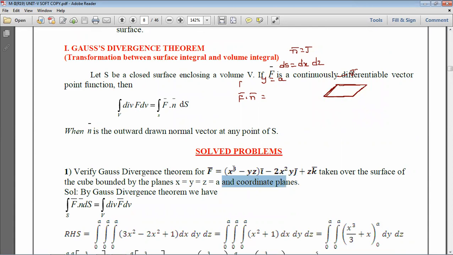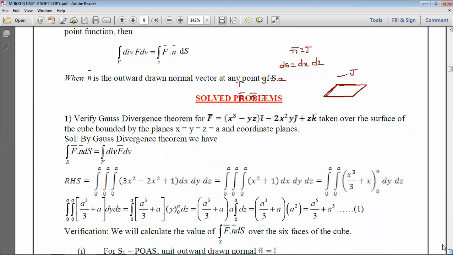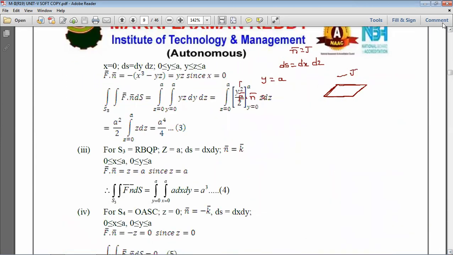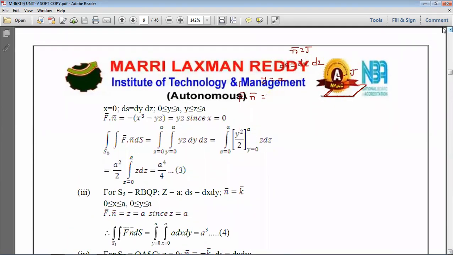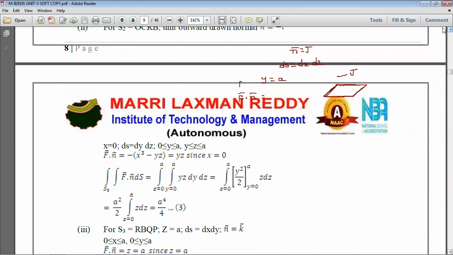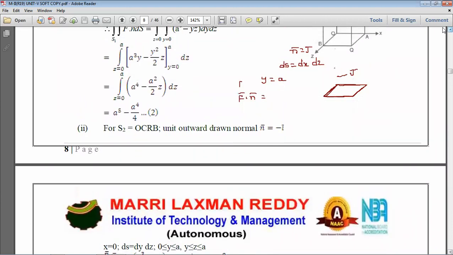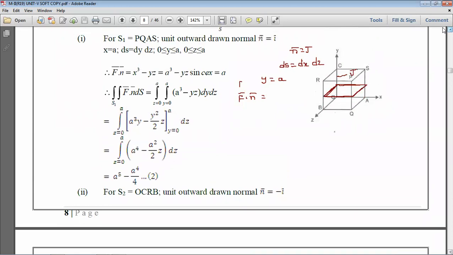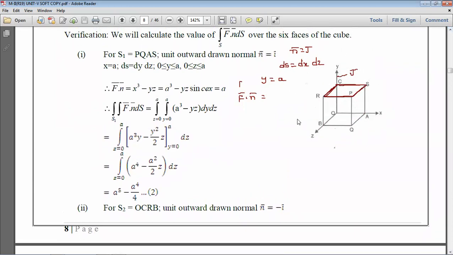See here, x cube minus yz and minus 2x square y. So the j coefficient is minus 2x square y. So simply we have to write, f bar dot n bar is nothing but minus 2x square y, right? So f bar dot n bar is nothing but simply what we get, minus 2x square y.